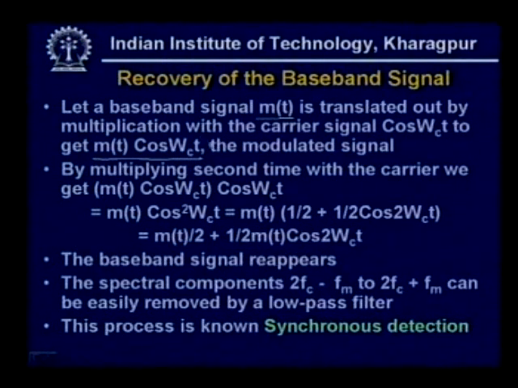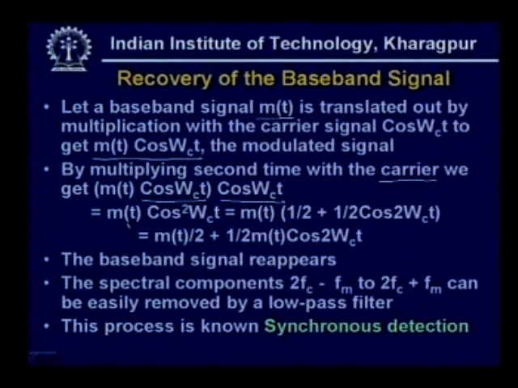Now, we multiply this using the carrier signal. So, we multiply the modulated signal a second time with the carrier signal. First time we multiplied with the carrier signal to get the modulated signal. Now, you are multiplying a second time. Let us see the effect.